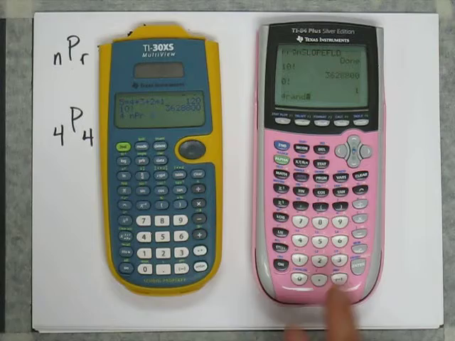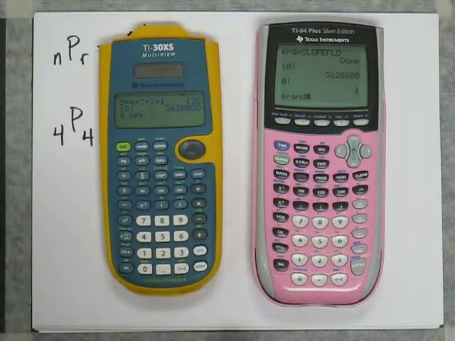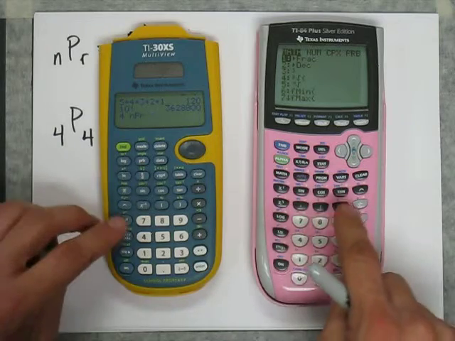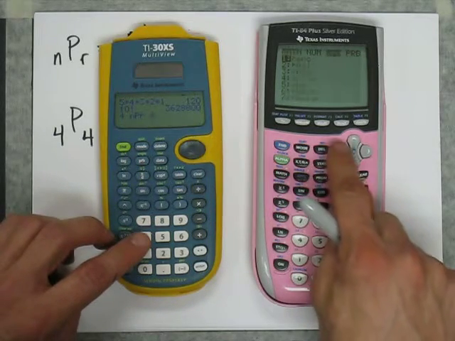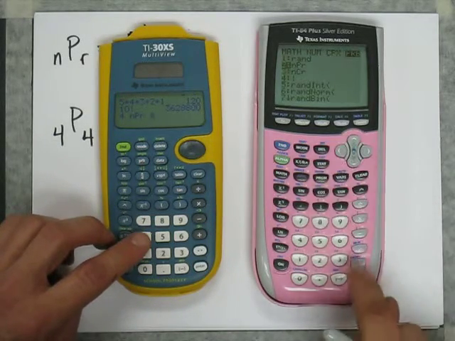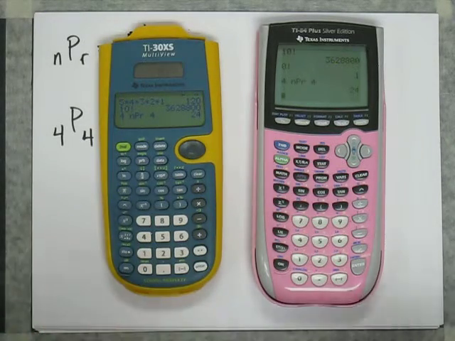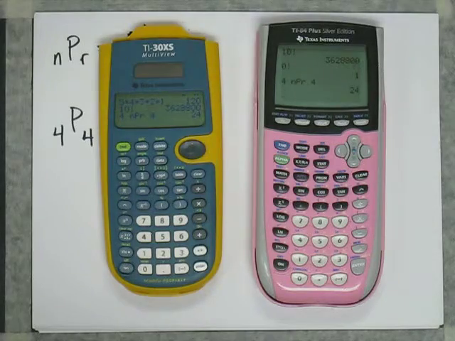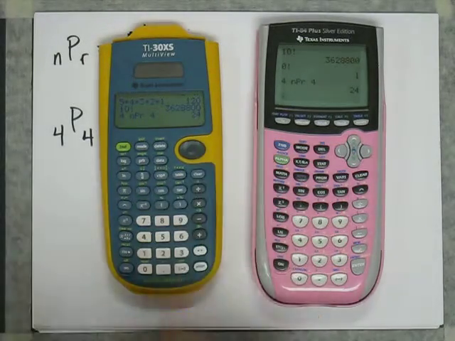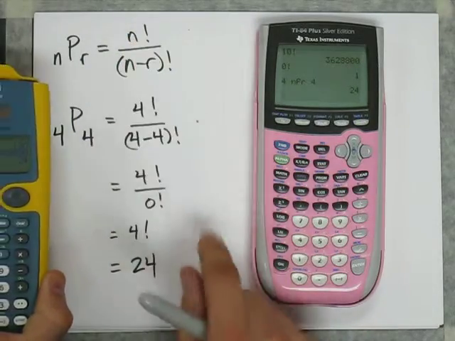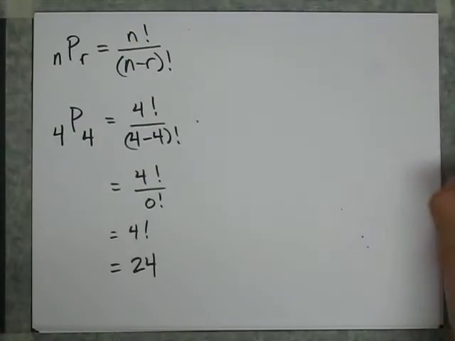Hit enter, and then you're going to hit 4 again, and hit enter. And it gives you 24. So you can use the nPr button. You don't have to plug into the longhand form.